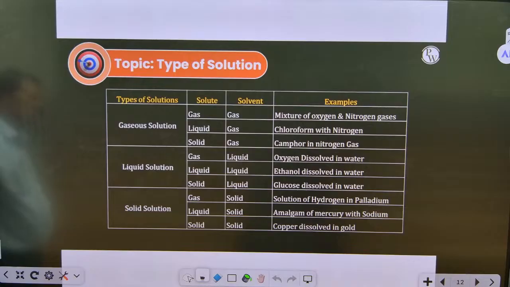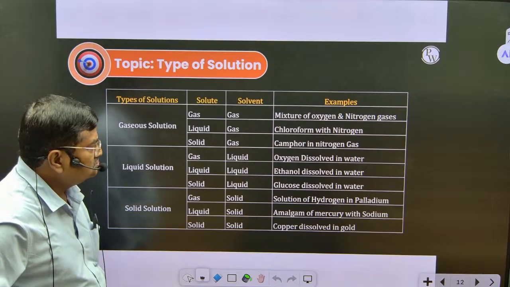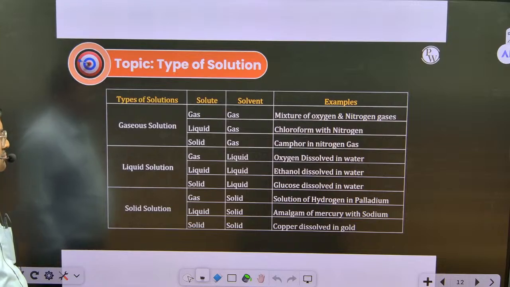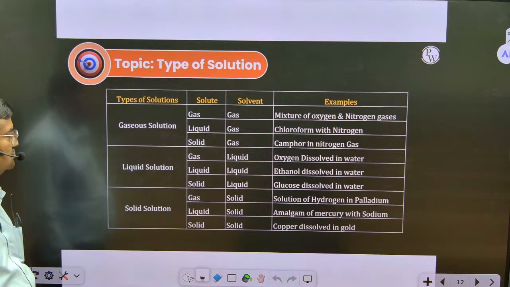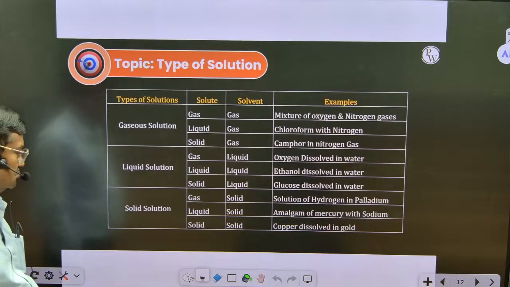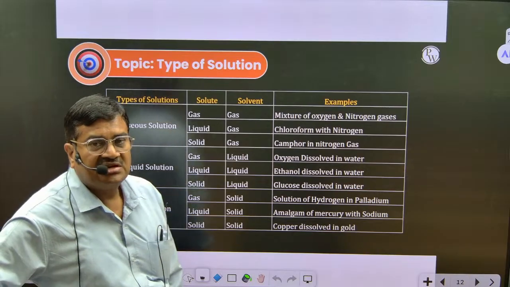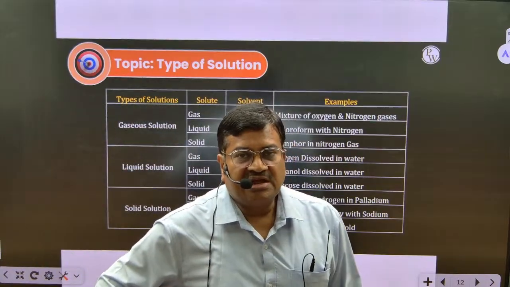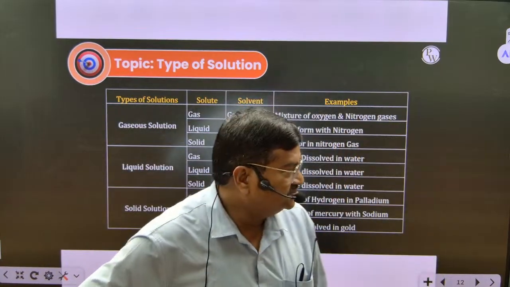Alloy is a mixture of two or more metals. Is it clear, students? These are the 9 types of solutions.